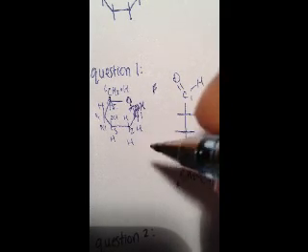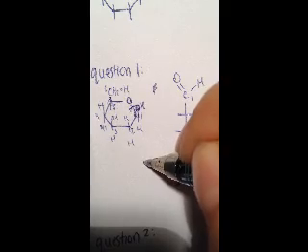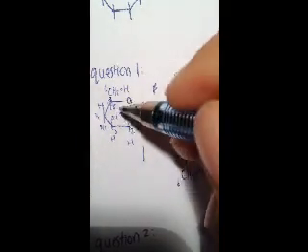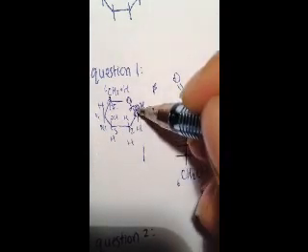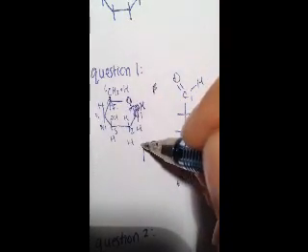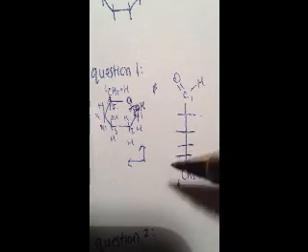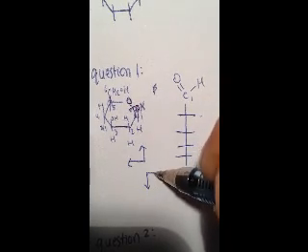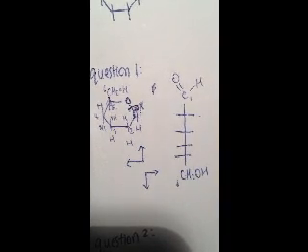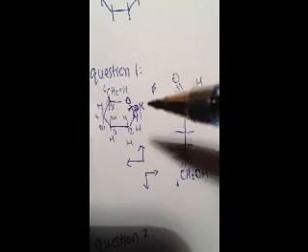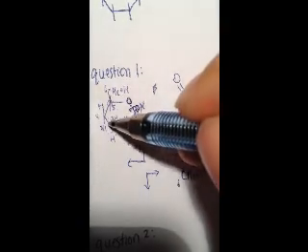Alright, so the next step is where to draw the OH and H's, and there's a simple rule that you need to follow. Basically, if in the Haworth structure the group is pointing upwards, it's going to point to the left in your Fischer structure. So if it points down, it will point to the right. That's just a basic thing that you need to understand.